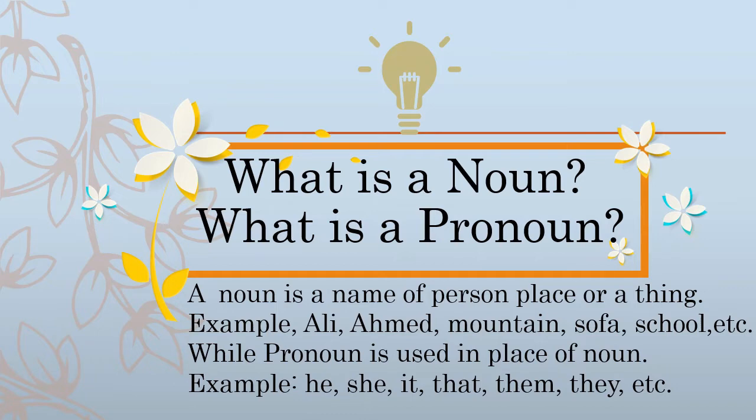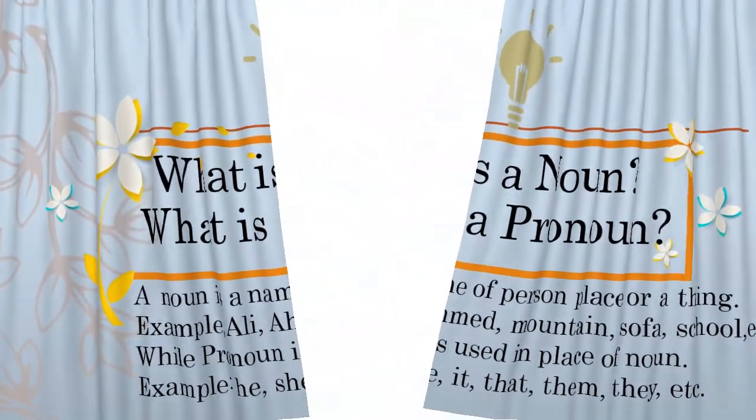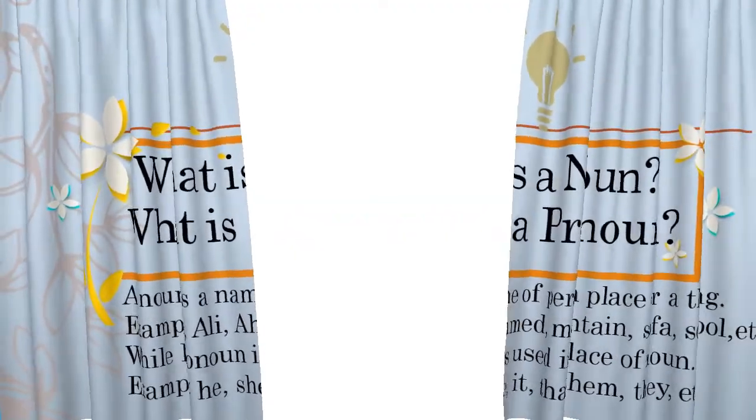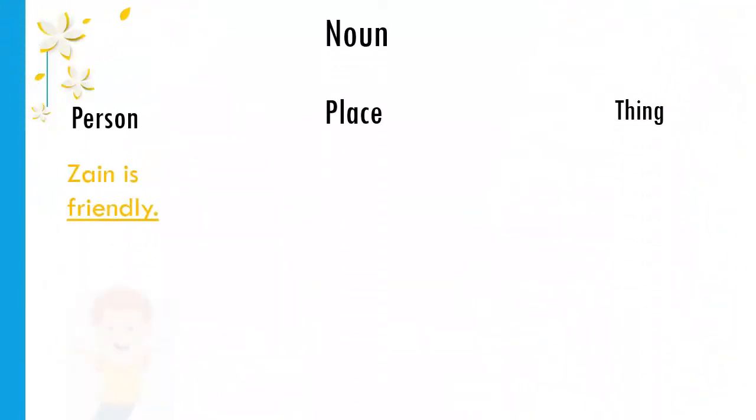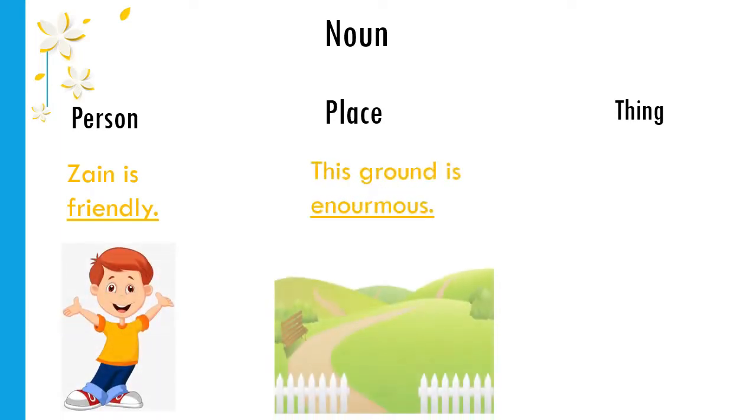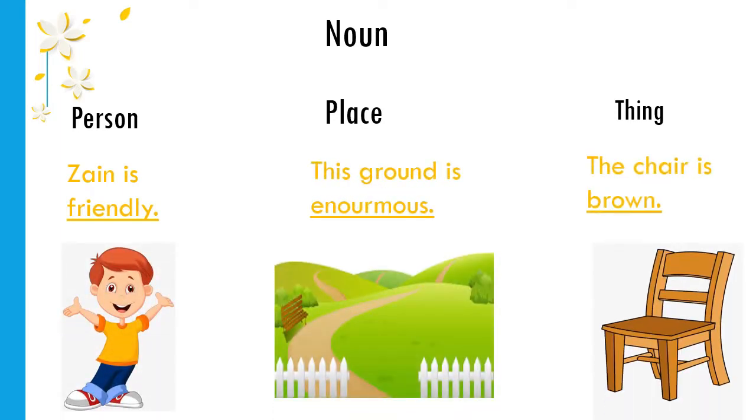While a pronoun is used in place of a noun, such as he, she, it. So let's move towards the examples of adjectives.